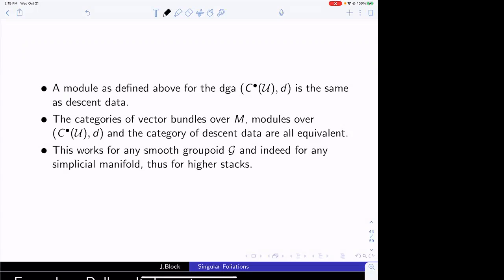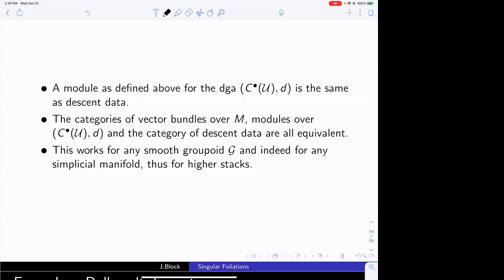So the category of vector bundles over M, so modules over C^•(U) with D. Again, let me remind you that modules over the DGA here mean modules which are projective over C^0 and have a flat connection with respect to this DGA. And it's exactly equal to the descent data on the objects.